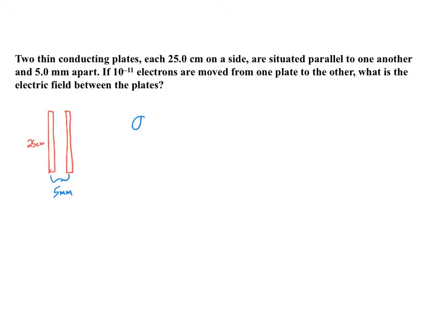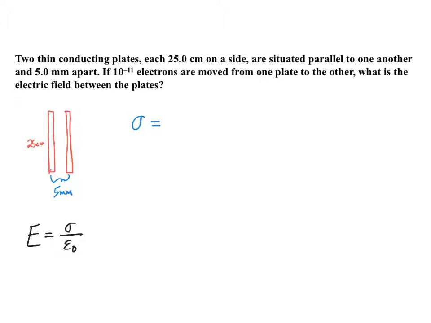So we need to figure out charge density because we're going to use this formula again. The electric field, when you have a thin plate, is the area charge density per epsilon naught. Previously, it was 2 epsilon naught, but we have two plates. So we have double the density, so that's why the 2 drops out, okay?